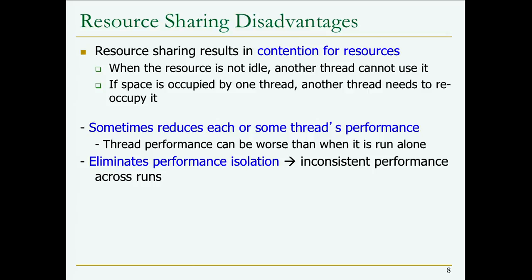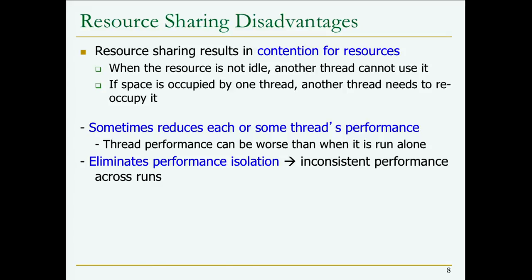But if your performance now depends on the contention that's caused by other threads, which may change depending on when you run the program, you can get inconsistent performance across runs. That could be a downside, especially if you care about the latency or bandwidth of your program or a request.